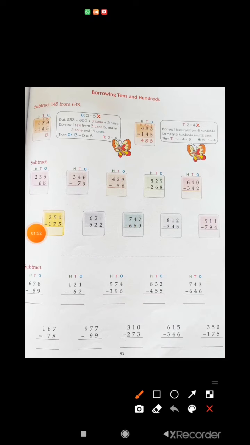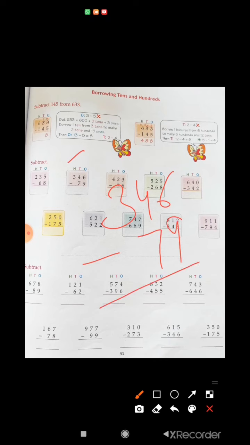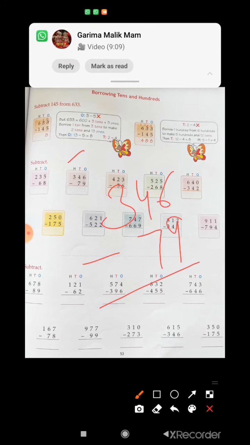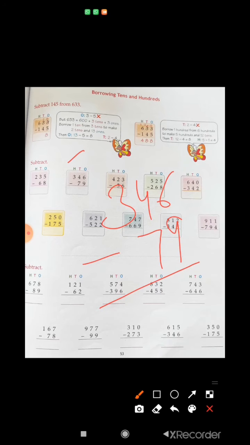Now come to next. The question is 346 minus 79. First we subtract the ones. 6 is less than 9. Take borrow from 4. Here will be 16.